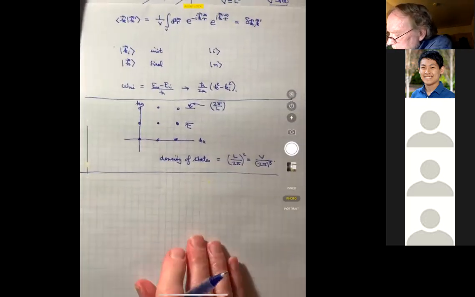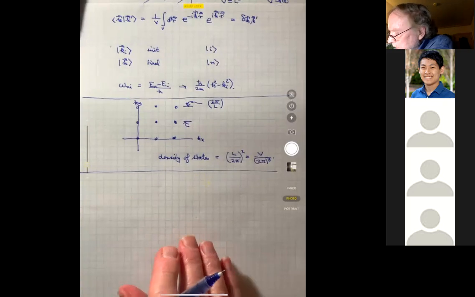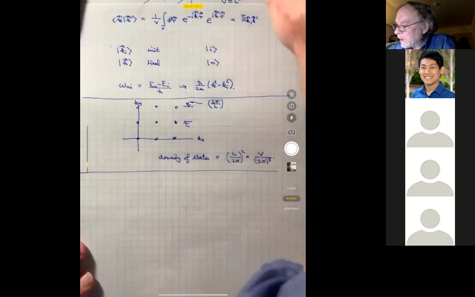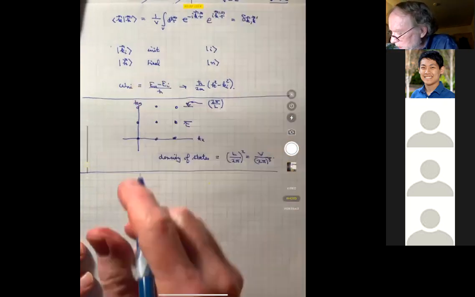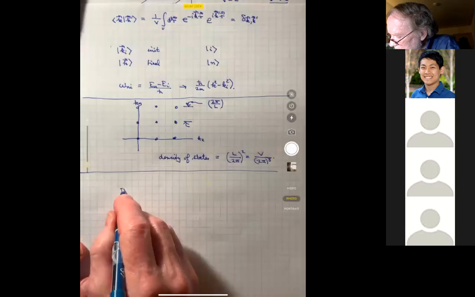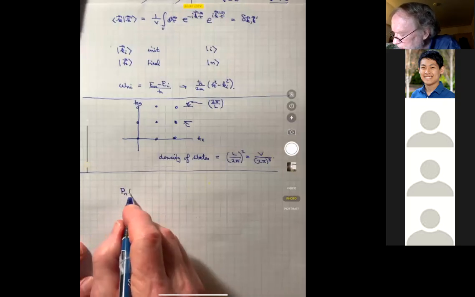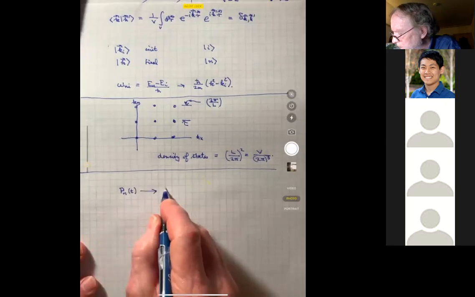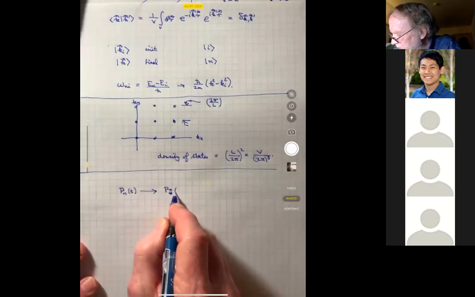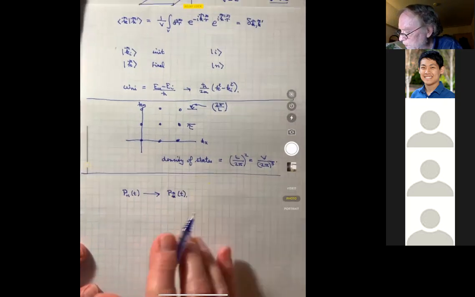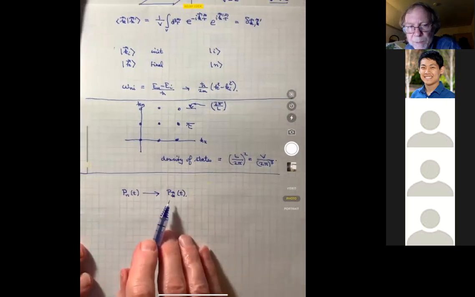Now then, let's talk about what we want to do. Our formulas allow us to find the probability, what we previously called P_n of t. Let's now replace this by P sub k of t. This will be the probability for the system to be in plane wave state k as a function of time.